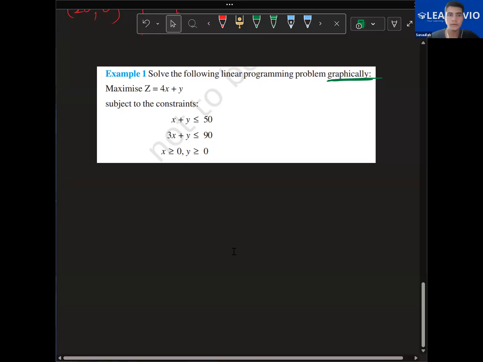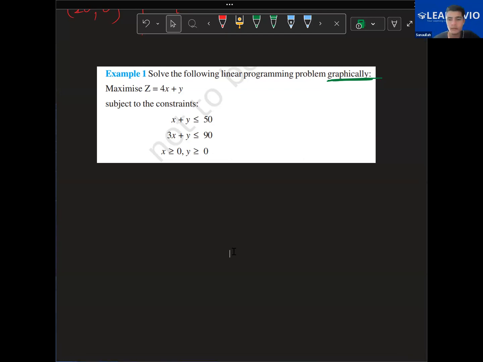What is the maximum value? Am I audible?